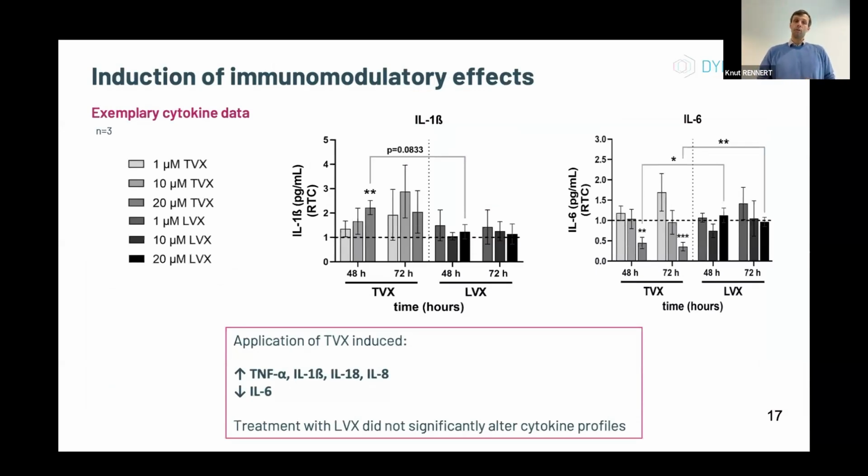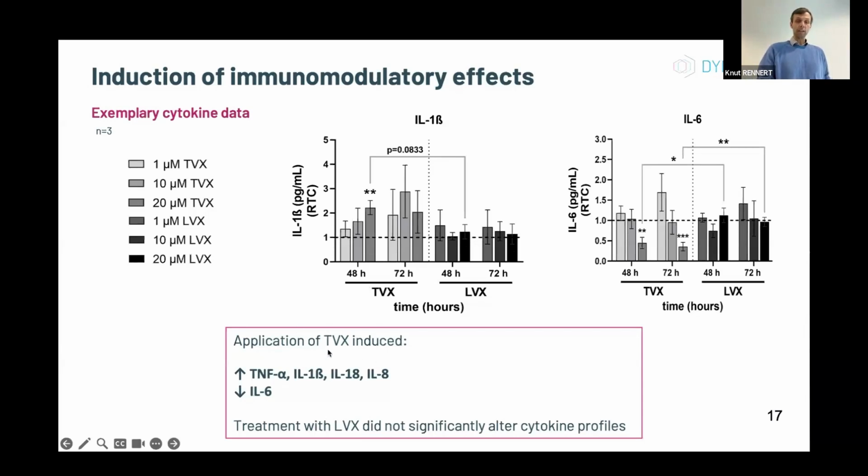And therefore, we checked for different pro-inflammatory cytokines. The most prominent effect we saw was for the IL-1 beta after 48 hours and the highest concentration of trovafloxacin compared to the control or to the analog. You see there's a significant increase.